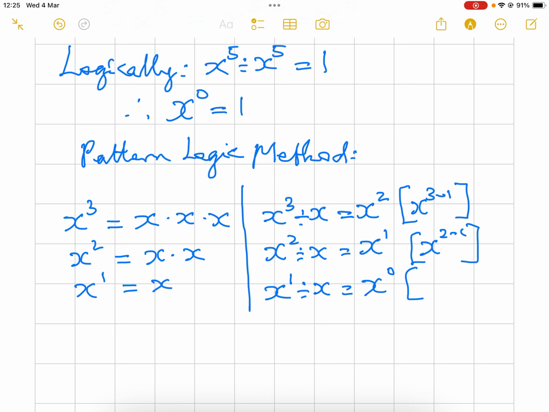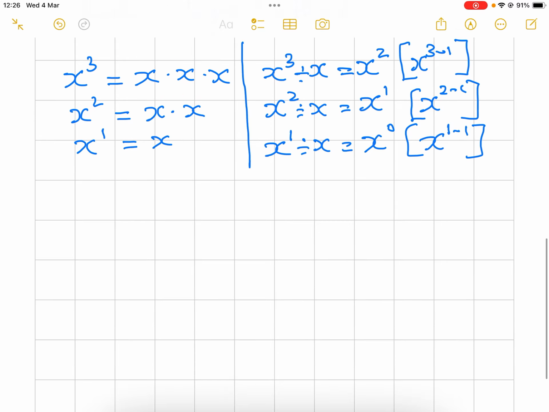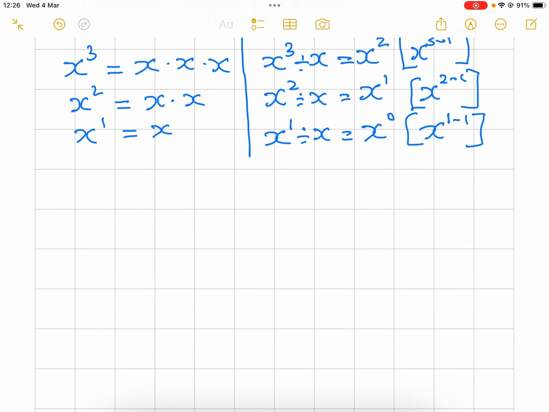How did we come about that? x raised to power 1 minus 1. All right. Each time we divide by x, the power reduces by 1.